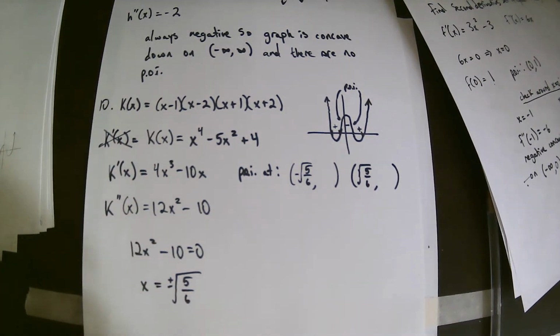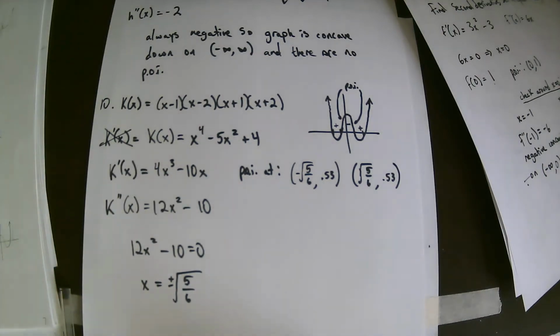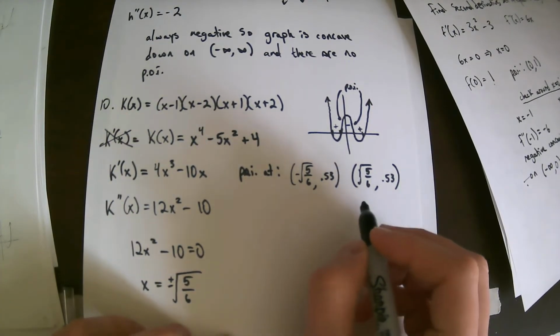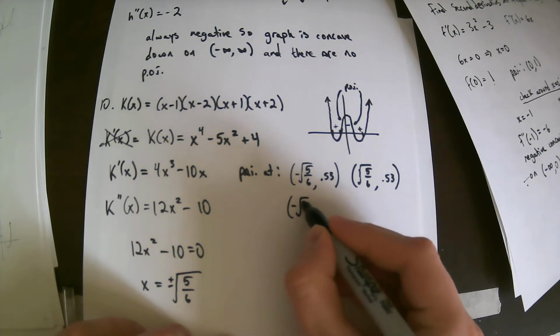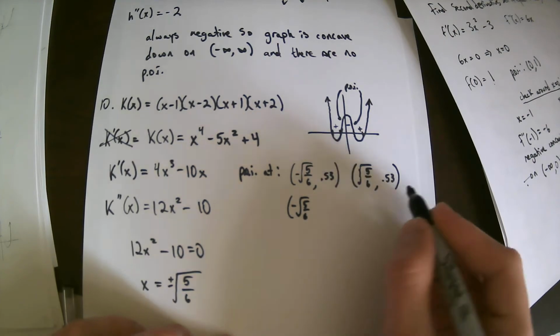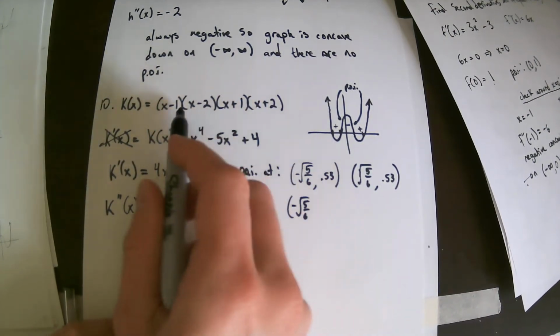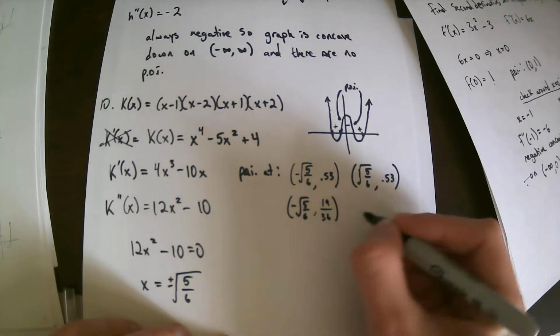So I'm going to pause and plug that into a calculator. Okay, so the y value at these points of inflection are going to be 0.53, and they're the same because this graph is nice and symmetrical because its x-intercepts are all equidistant from each other. By the way, as a fraction, that's 19 over 36.